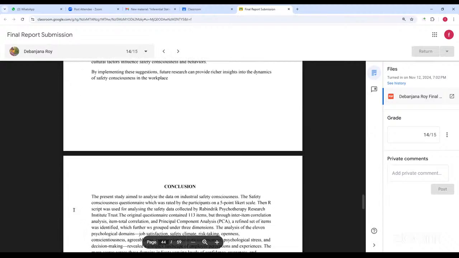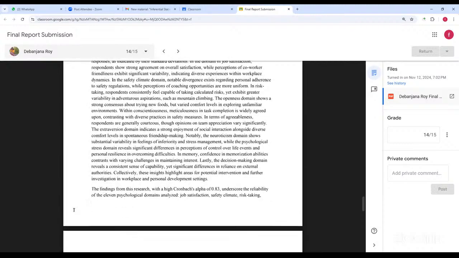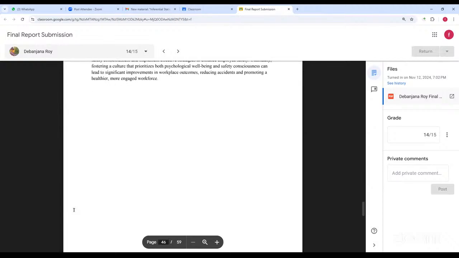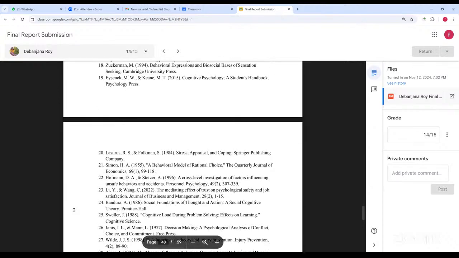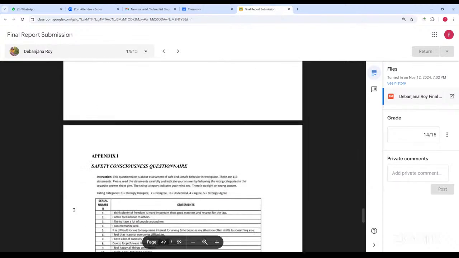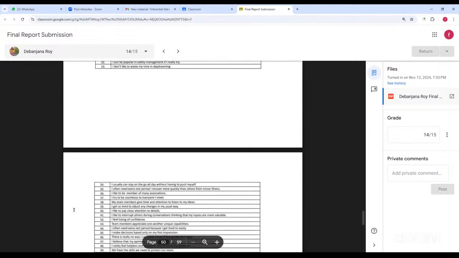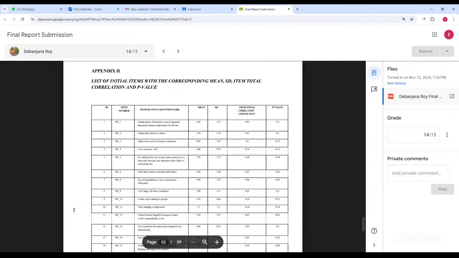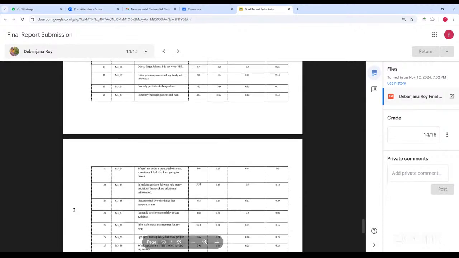So this is all about the format. After that, conclusion. Next to conclusion is the appendix or references. After the references, there will be appendix. Appendix includes the questionnaire and the R script. I think now it is clear to all of you.